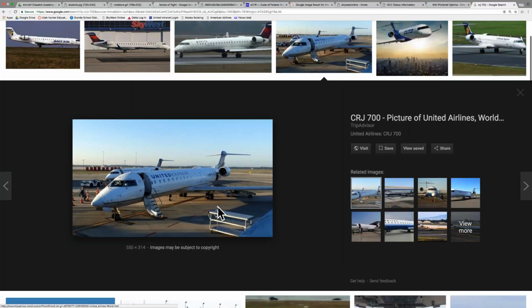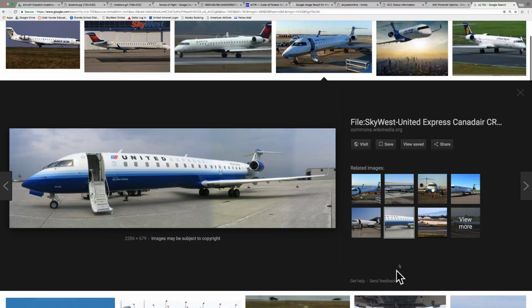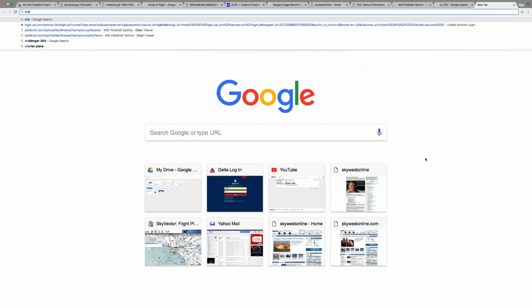This is also a SkyWest airplane right here. Yeah, the CRJ 700. So a little quick history on the CRJ 700. The CRJ 700 is a Canadair regional jet. That's what the CRJ stands for. And what they did was they took a private jet called the Challenger.